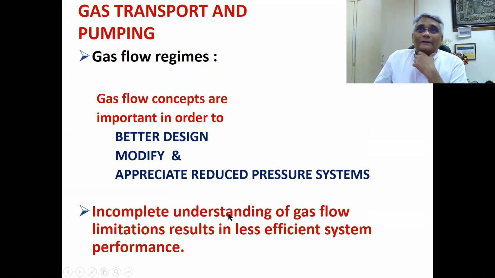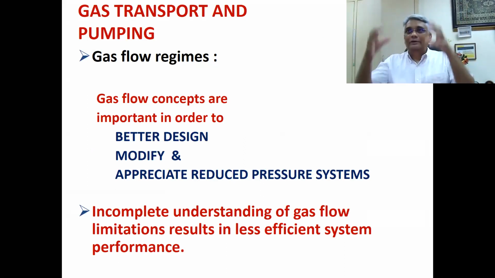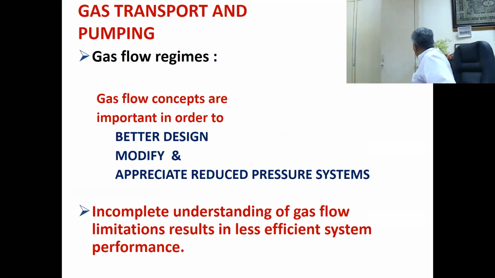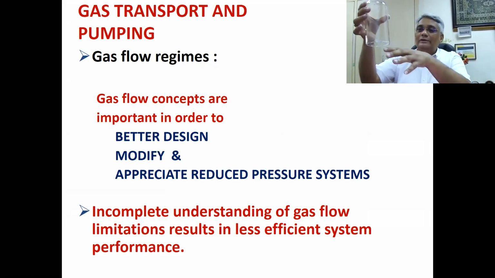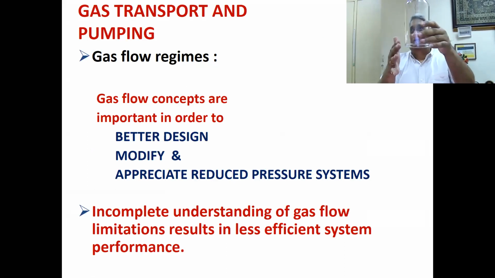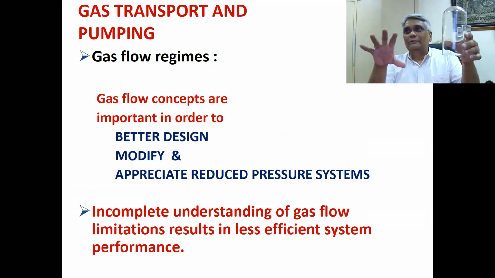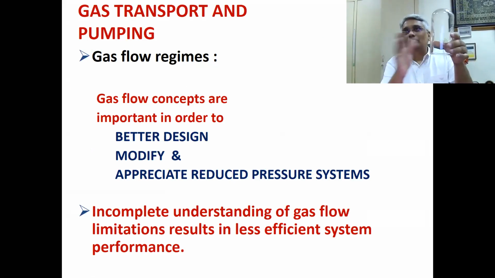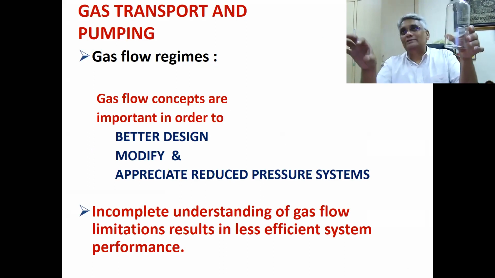Okay. Now let's look at gas transport and pumping. So I have a pumping module, and going back to this one again, I need to connect it to a pump. If this is my vacuum chamber, I'm using a vacuum pump, and there are several connectors from the pump into the chamber. Ideally, the pump is directly connected there, with no additional extensions.